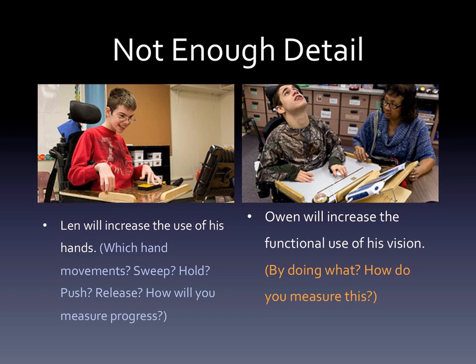Now, sometimes we may create objectives that just don't have enough detail to describe what we are actually measuring. An objective such as James will participate in his exercise program really doesn't give us any detail as to what his job is, what the stretch for him is, and how we might measure an element of progress within his exercise program.